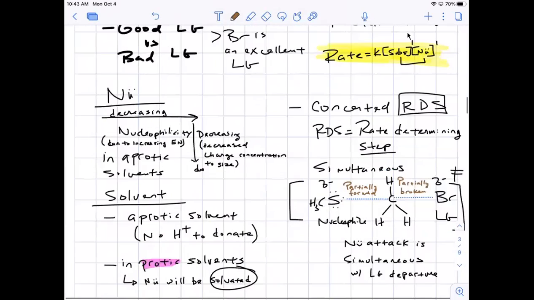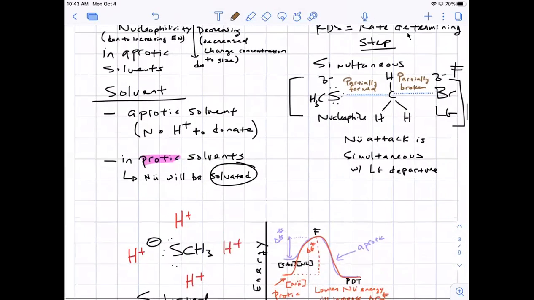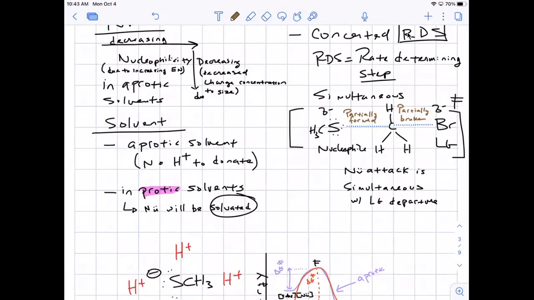All of this is a consequence of it being concerted. The fact that the nucleophile is involved in the rate determining step means this is what the transition state has to look like, where your nucleophile is coming in and your leaving group is leaving, and it's concerted. So it's all happening at the same time.